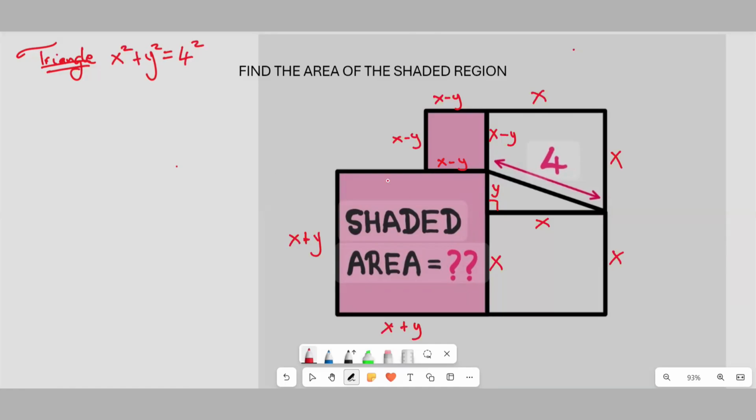We're using the Pythagorean theorem, where the two shorter sides squared, added, equal the hypotenuse squared. So X squared plus Y squared gives us 16, and we want to hold that close to us.